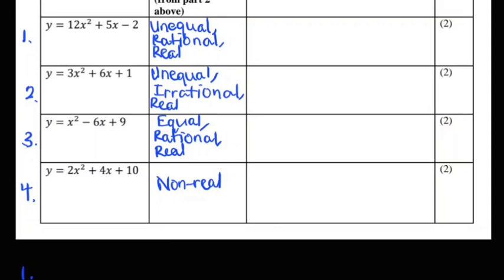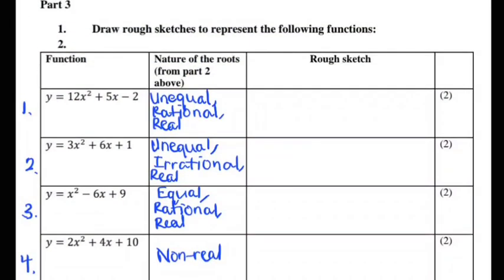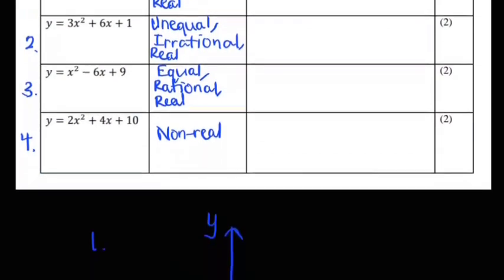First equation, our roots are unequal, they are rational, and they are real. For something like that, let's first start off with our x-axis. Now what I want you to realize is that your y-intercept here was -2.